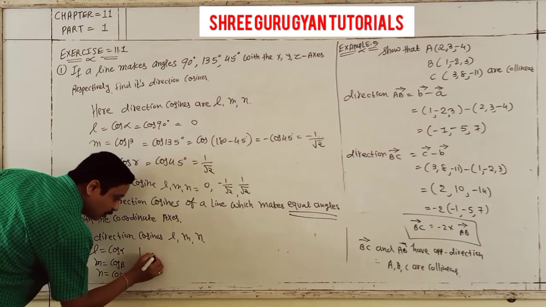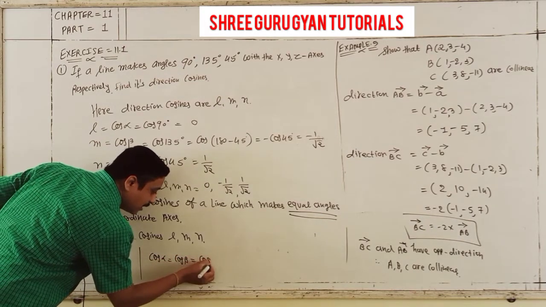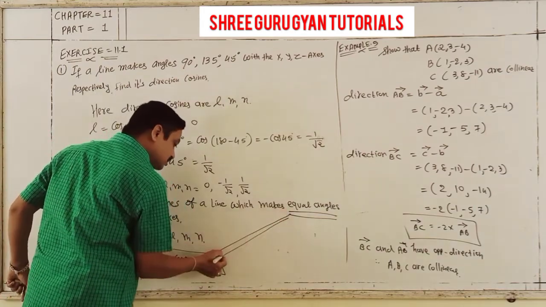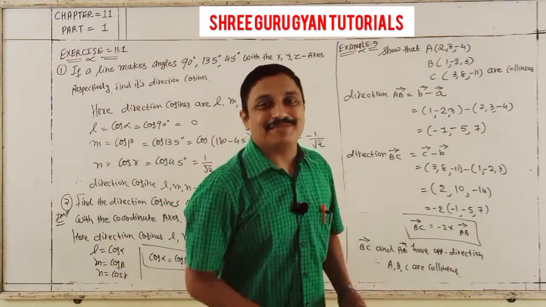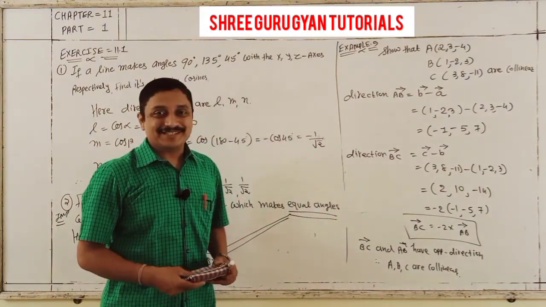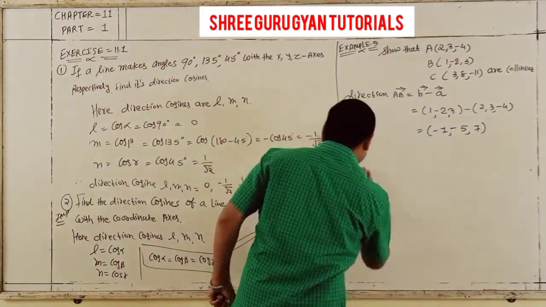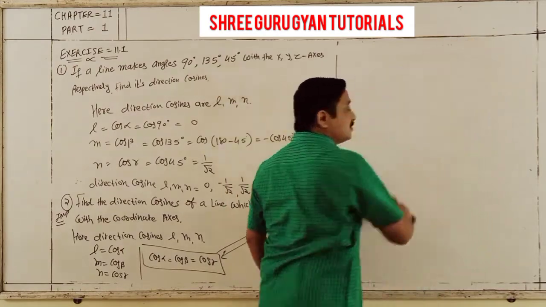But cos alpha equals cos beta equals cos gamma, according to your question, equal angles are made. And you know the property, cos square alpha plus cos square beta plus cos square gamma is equal to 1, and I apply that in finding the values.